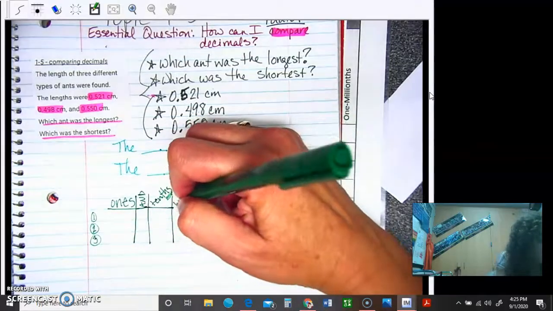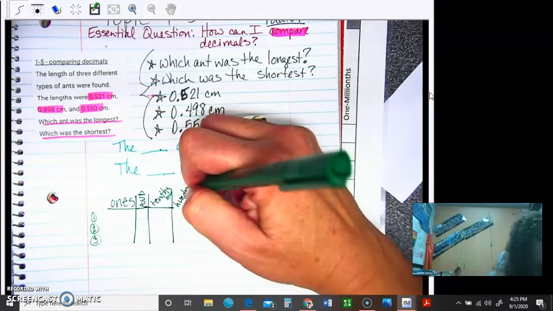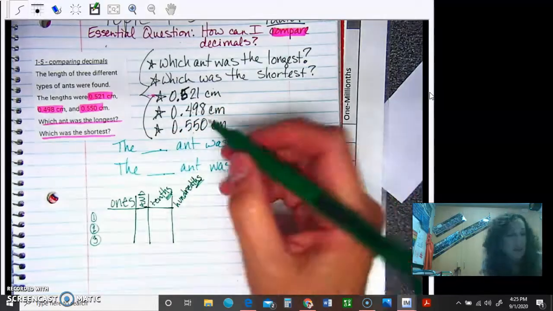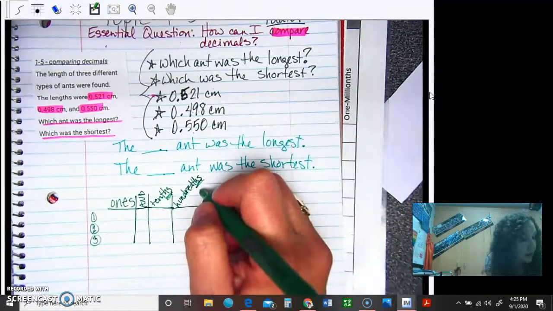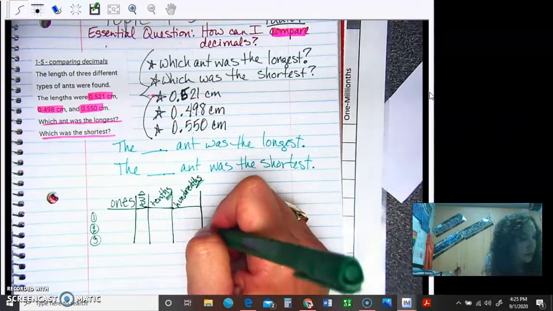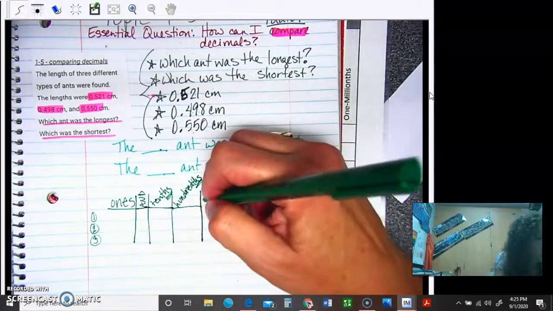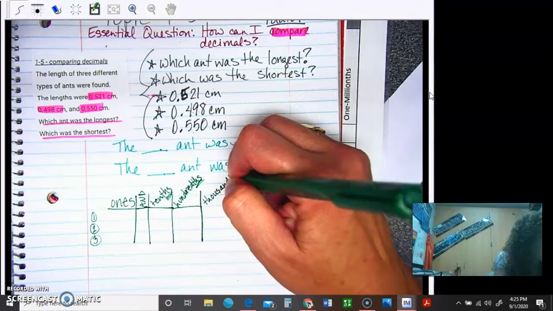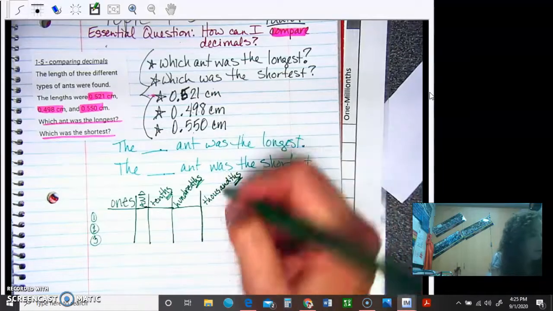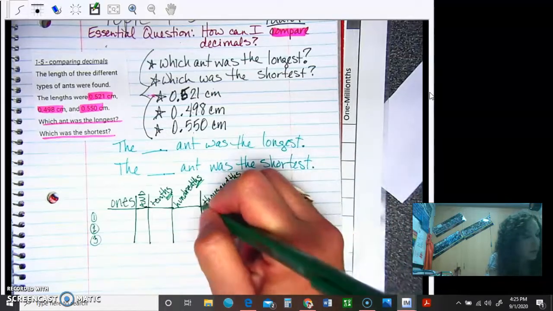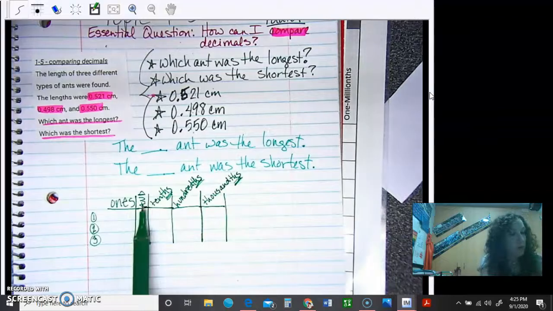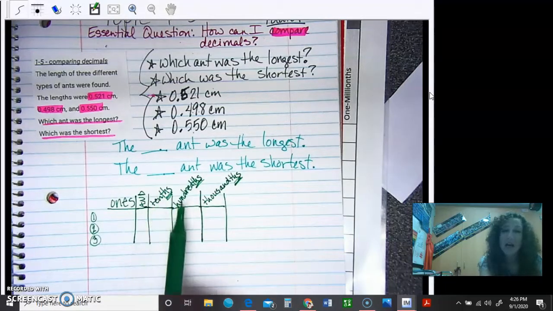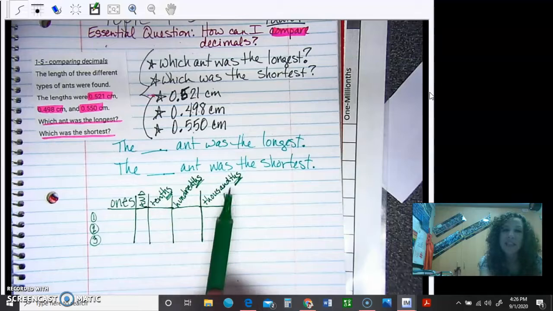This is the hundredths. That sounds awful, right? Hundredths place. And the last one that we're working with is the thousandths place.